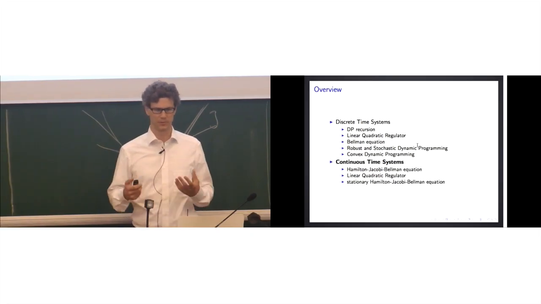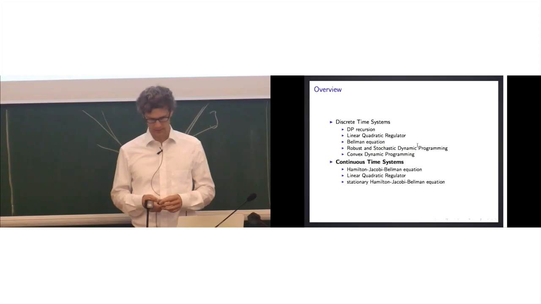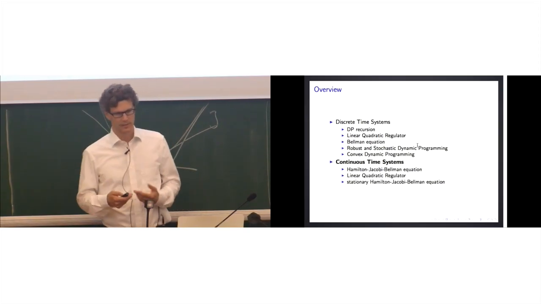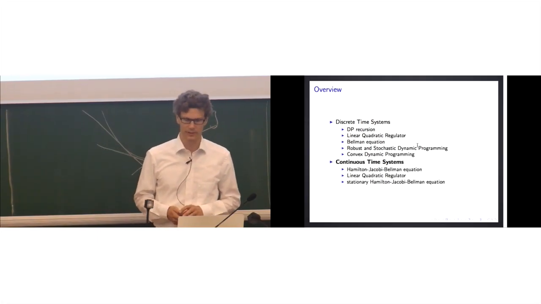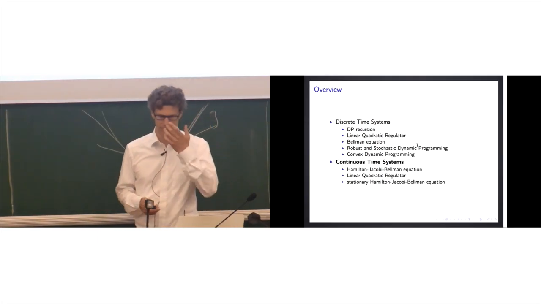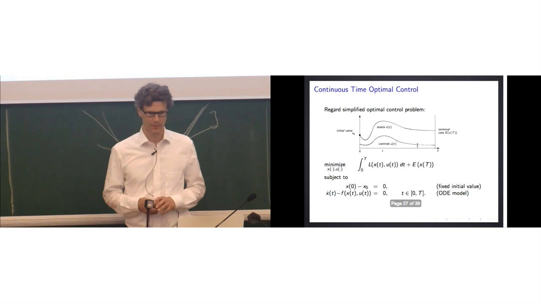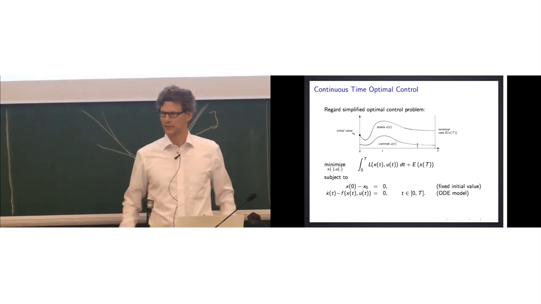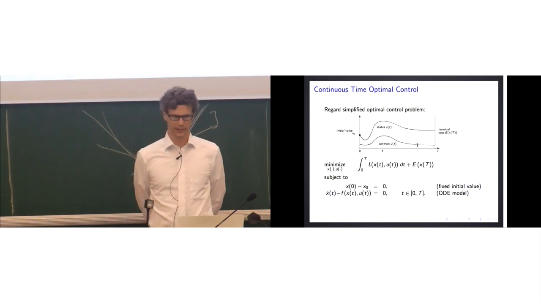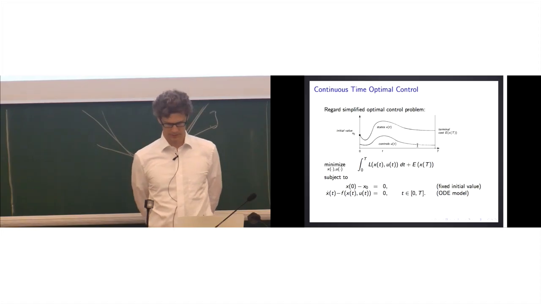This is not, let's say, as research connected as the previous two sections, but education-wise, I think it's useful. So let's now look at the continuous time system again. We leave discrete time optimal control, we go to continuous time.